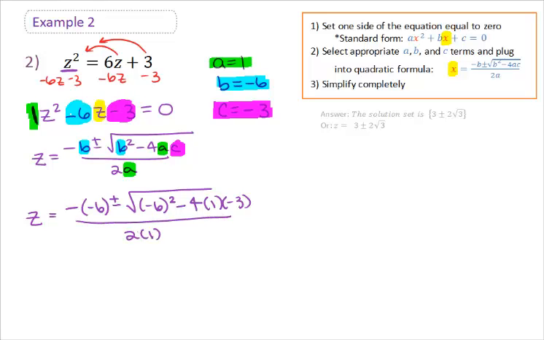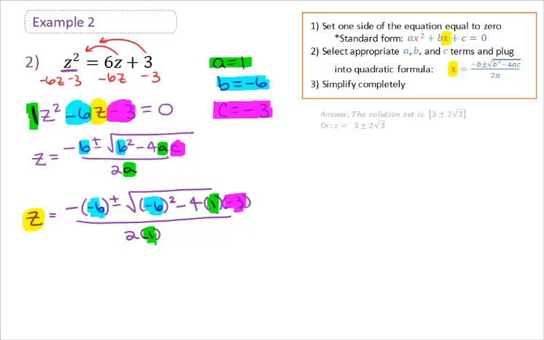And again, let me just color code those for you. My a, which is 1, are in the green places. My b's, which is negative 6, go in the b places. And my c of negative 3 goes in my c place. And again, whatever my variable is, z, that's my variable over here.